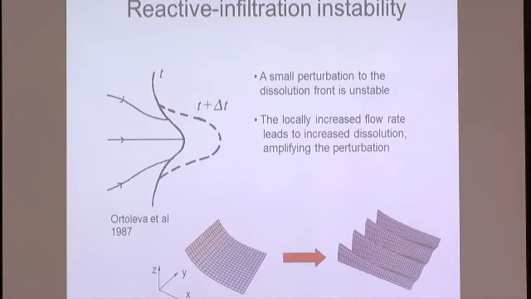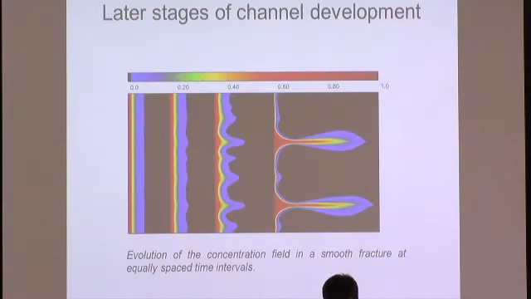If the flow is faster, then the unsaturated solution penetrates deeper here, and the reaction speeds up in this region, so this bump has a tendency to grow. So it's a classical instability mechanism, which is also present in the fracture.